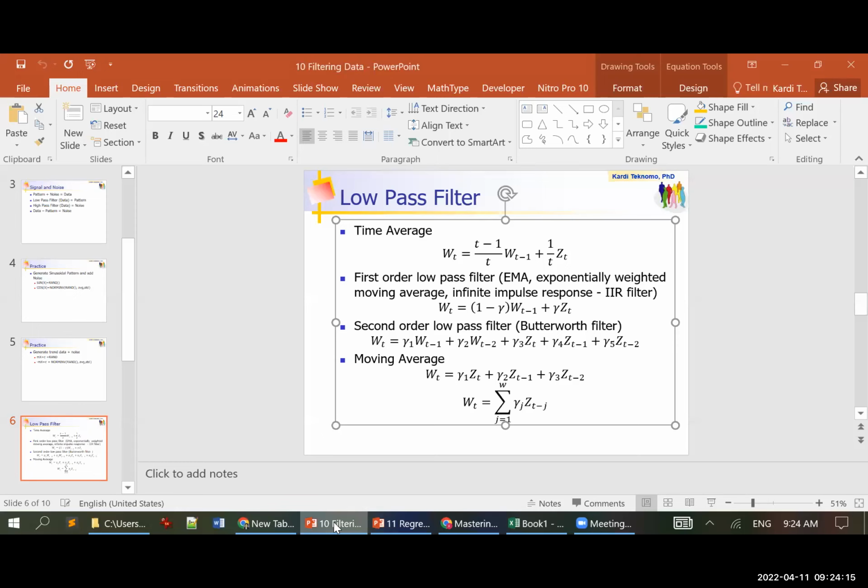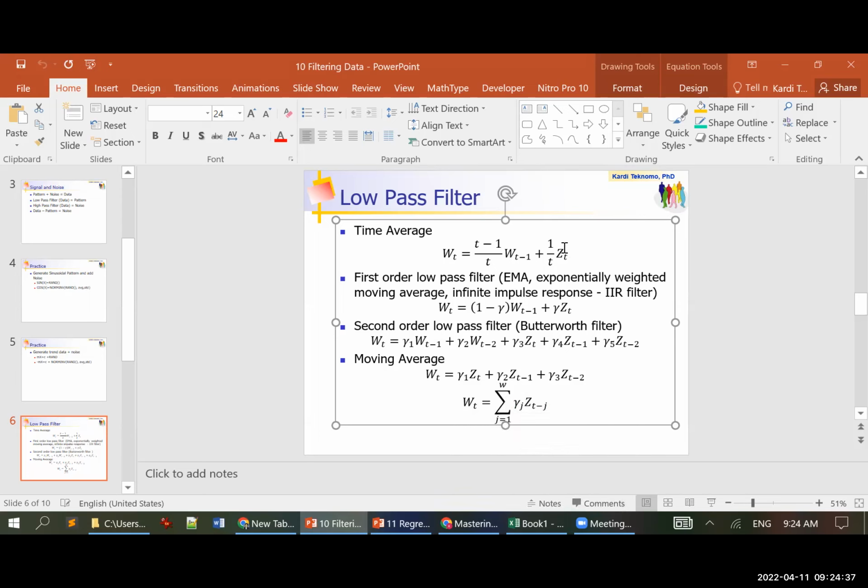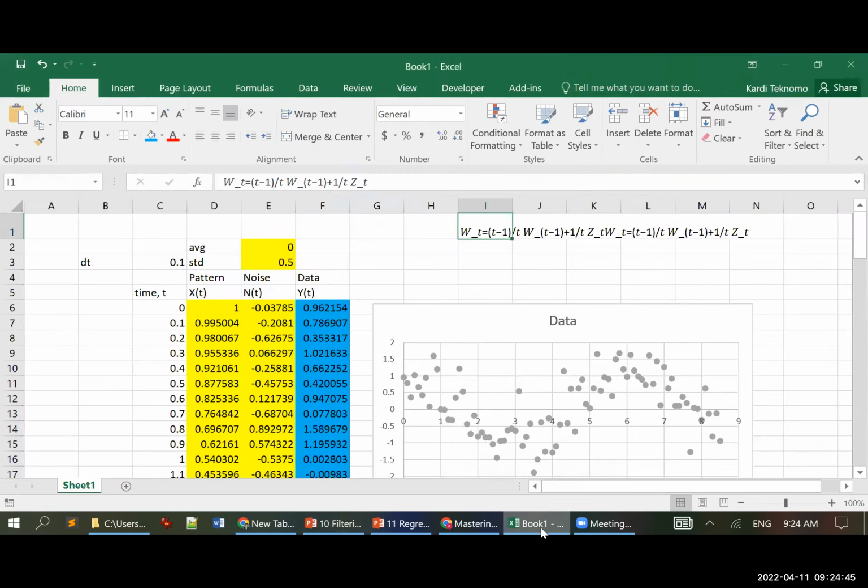So time average, you can use recursive like this. This time average depends on the time, right? Z represents the data, and t represents the time, and this is the previous data. Okay, let's do that.